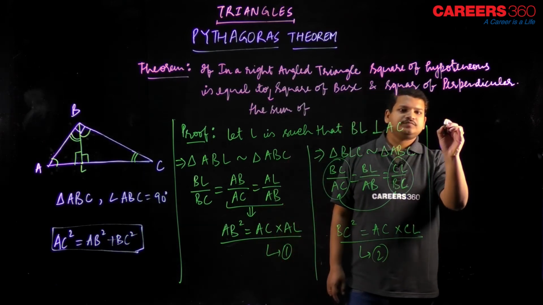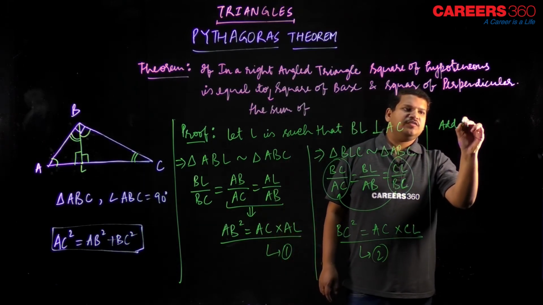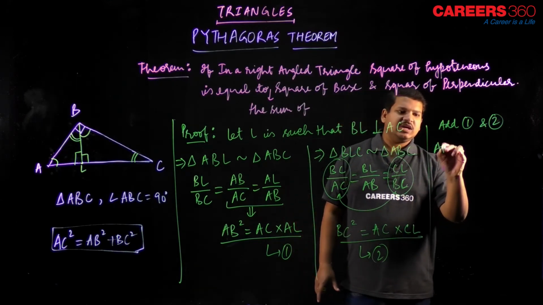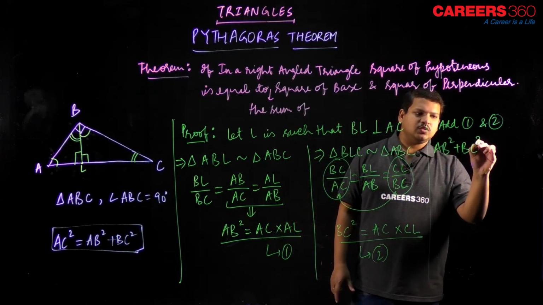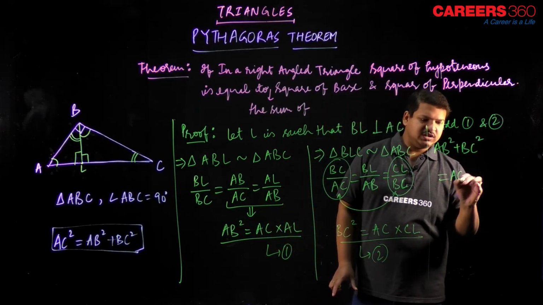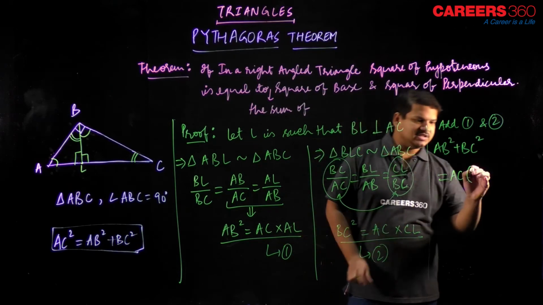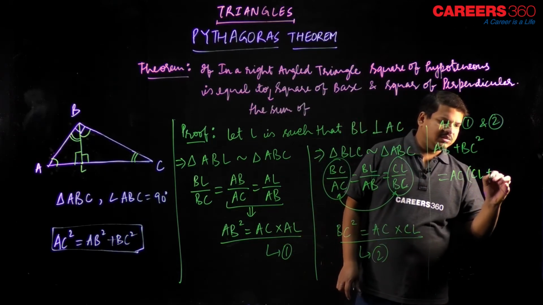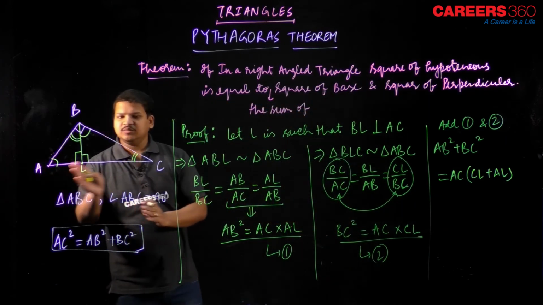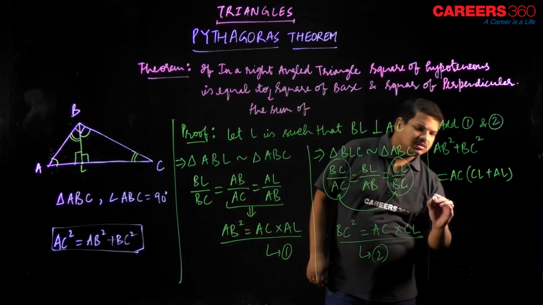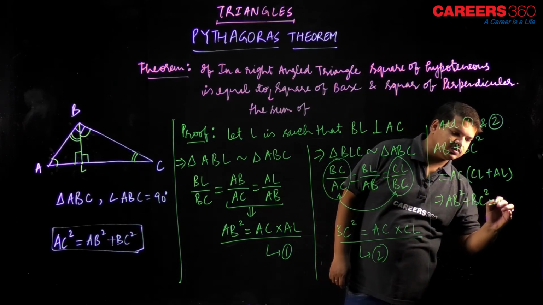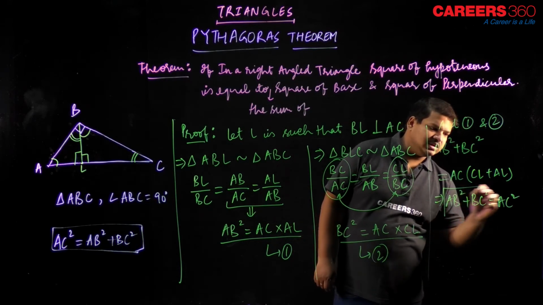If I add 1 and 2, what I will get is AB square plus BC square is equal to AC common, so AL plus CL, and CL plus AL is nothing but AC. So this can be summarized as AB square plus BC square is equal to AC square.